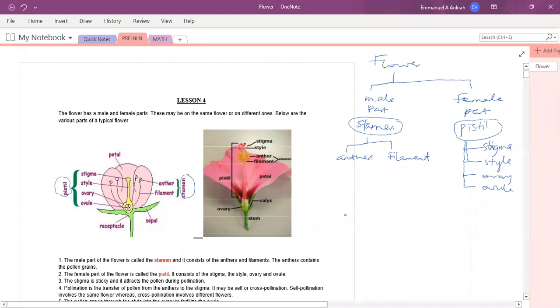Those are the female parts. So basically, that's what you have in this diagram. And the colored part is the petal.